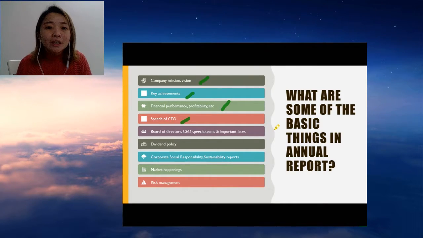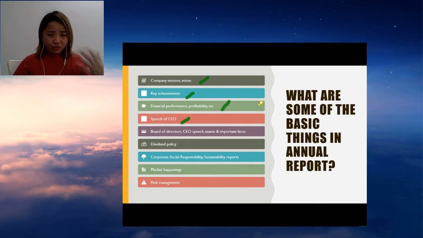That takes forever. And of course, the speech of the CEO, like I said earlier, speech of the teams if necessary, and of course, just showing some of the important faces, right? Especially if there's a change in the top management, that's usually what they do to showcase that particular new person who has come in and make a difference within the company.